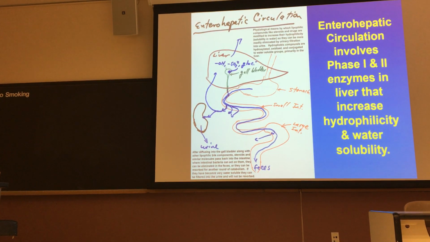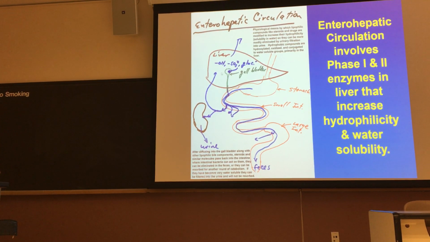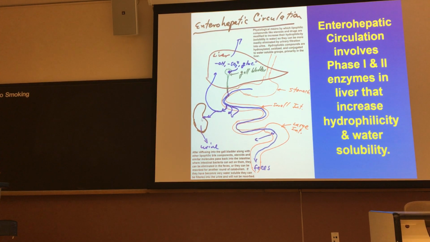A lot of them end up going into the contents of the gallbladder. And so they find their way back into the gut. And they may pass all the way through, but they may also end up going back through and having another pass. If they're really water soluble, they may get filtered by the glomerular apparatus into the incipient urine and get passed out as waste as part of the urine.